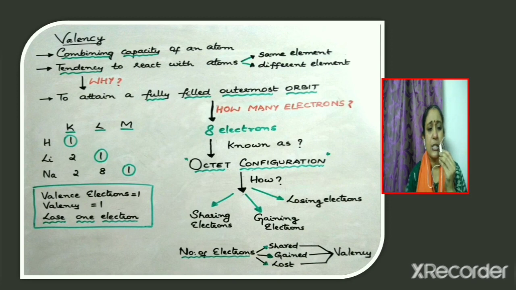If an atom has 8 electrons in the outermost orbit, what will that configuration be called? It will be known as octet configuration. So how can an atom get octet configuration in its outermost orbit or outermost shell? There are 3 ways. By sharing electrons, or by gaining electrons, or by losing electrons.